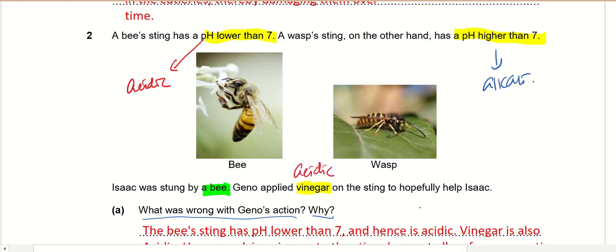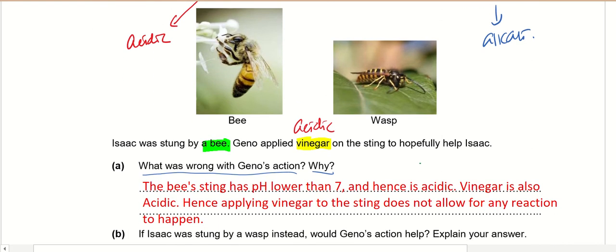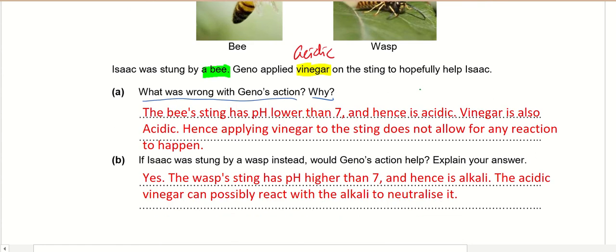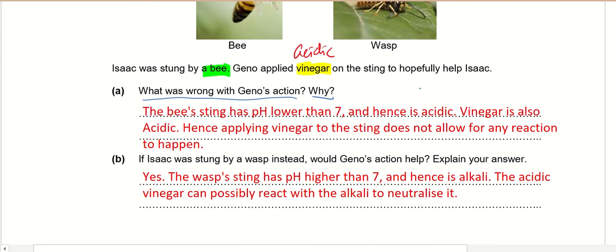It's weakly acidic because it tastes sour. If you have tried before, if you haven't, you should. So what's the explanation here? It's wrong because the sting of the bee is acidic, and vinegar is also acidic. Therefore, applying acid to acid, there is no reaction, and so it doesn't neutralize the bee sting.